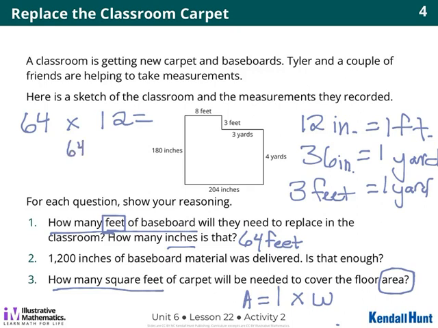Raise your hand if you got 647. Sounds right. You were close. It should be 768. Check your math. Is that what you got, Cade? Were you doing it with me? 768 inches.